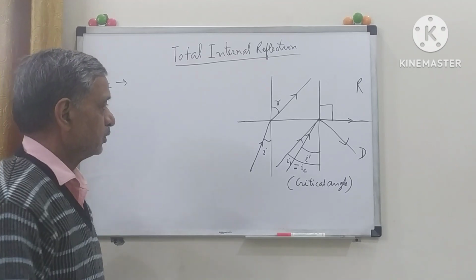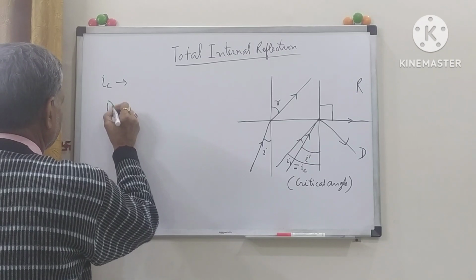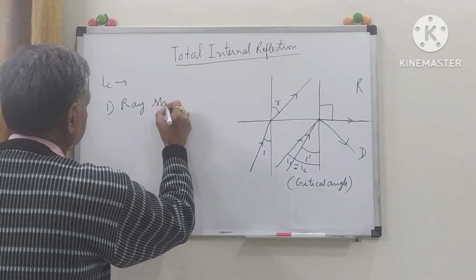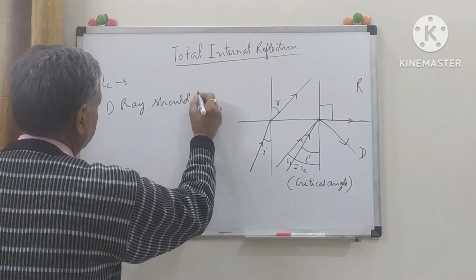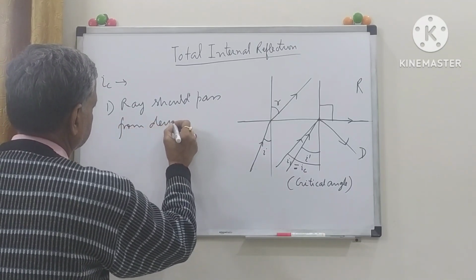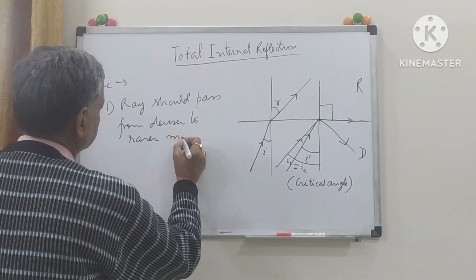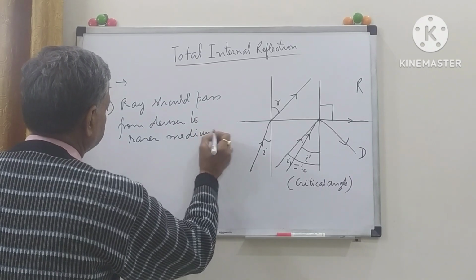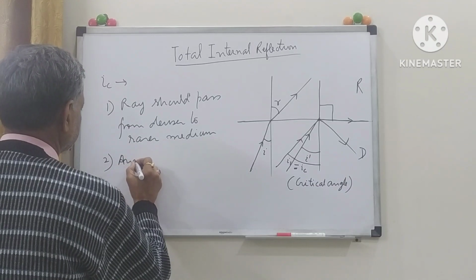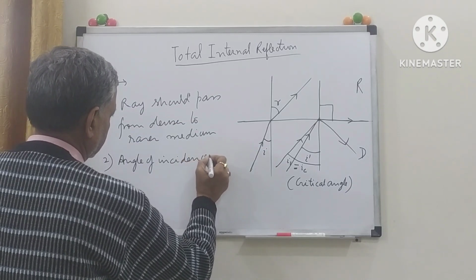Okay? So for total internal reflection, what is the condition then? For total internal reflection, the ray of light should pass from denser to rarer medium, and second, the angle of incidence should be greater than the critical angle.